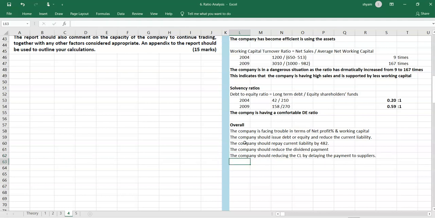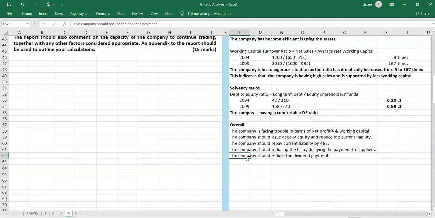So we can do that. The company should start to delay the payment to the suppliers. That can be one way of doing it. Thereby they can partially issue debt and equity, that also they can do.